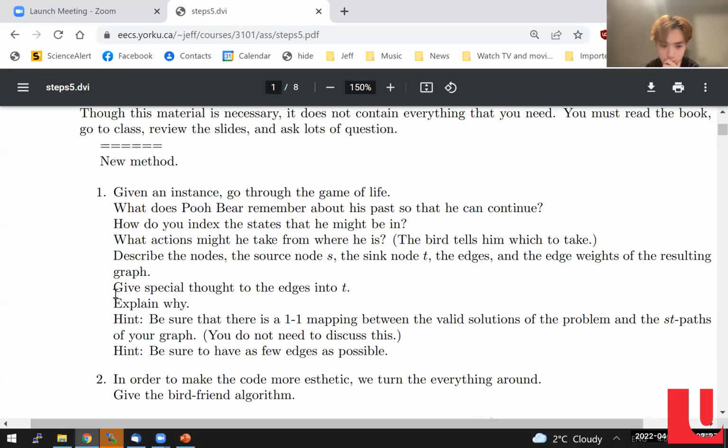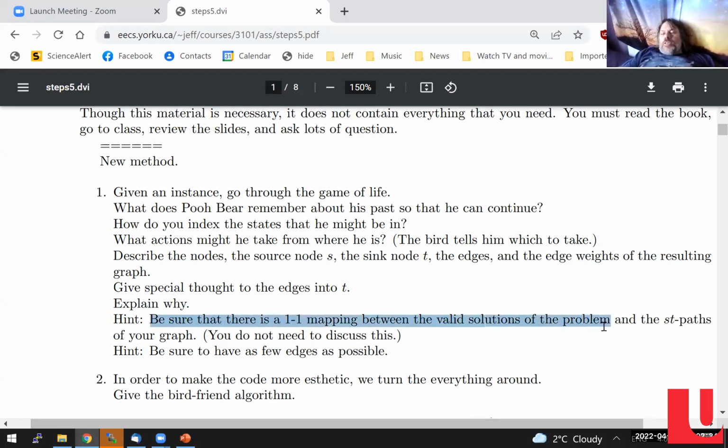But here I'm saying, be sure there's a one-to-one mapping between solutions to this problem and paths. I'm not asking you to discuss this, just to think about it, to make sure you're doing it right. So what's a solution? A solution says what to put in the knapsack and what not to put in the knapsack, right?